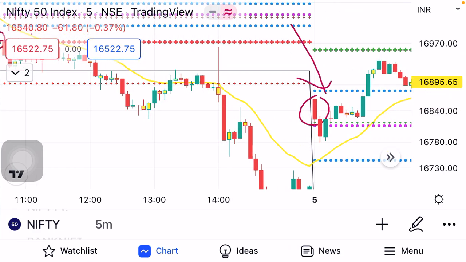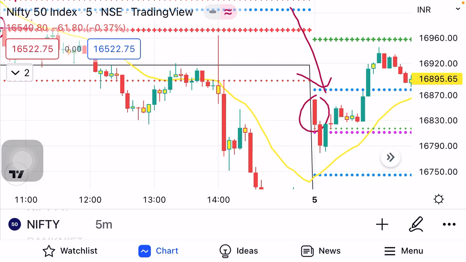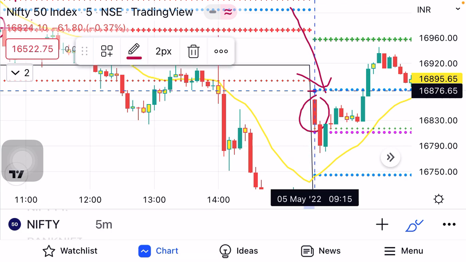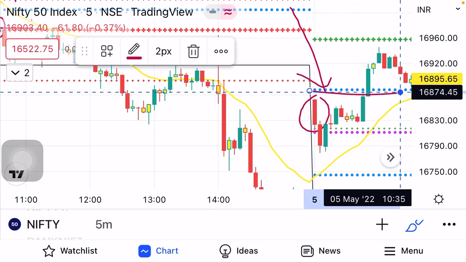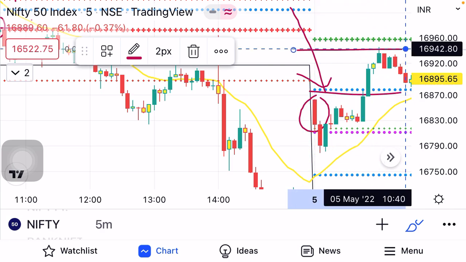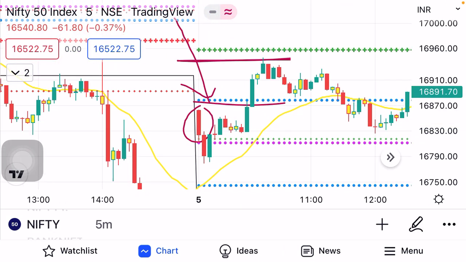We'll wait for some time, right? Since the CPR is in downtrend, though it has crossed the CPR, we don't take any trade, because the target will be up to this point only, right? So that is a very small target, so we don't take a trade at that point.